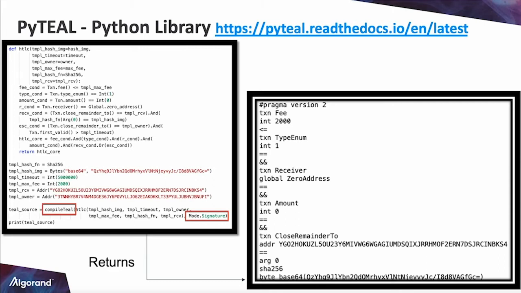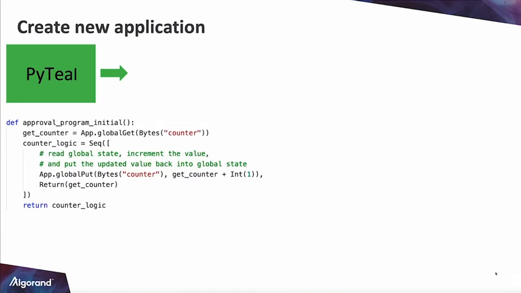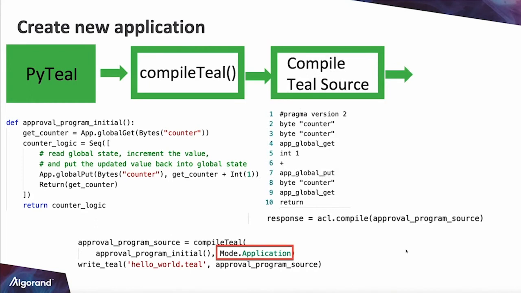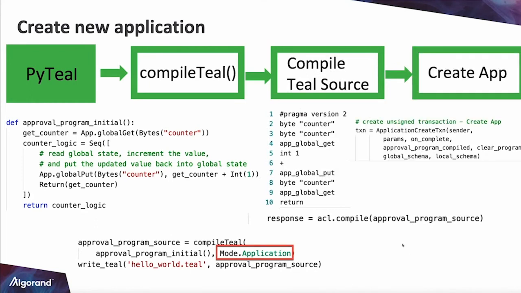So in other words, you're just going to be signing off on it. The PyTeal will generate the TEAL when you use that compileTeal method, and then that source gets compiled into a format which can be used for a parameter in the application create transaction.